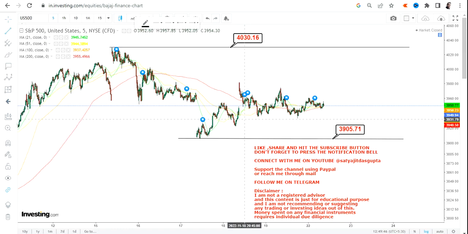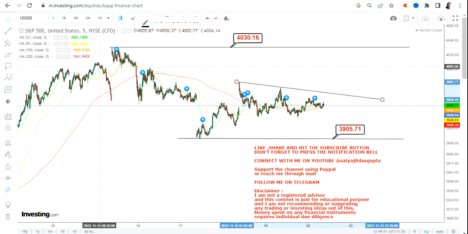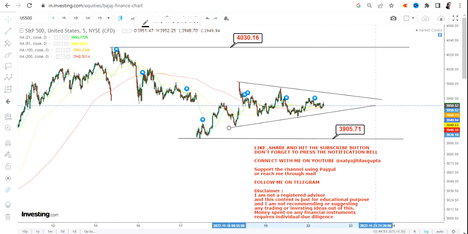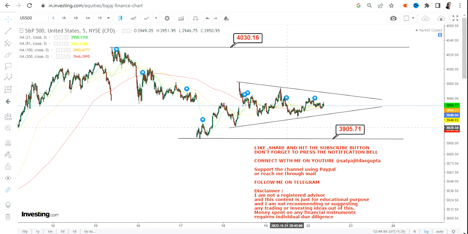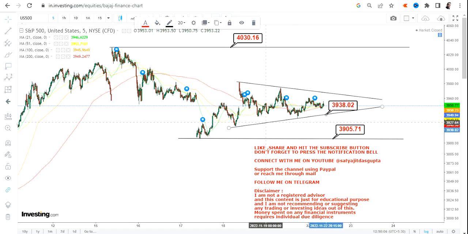Now looking at the current price structure right now, what we can see here is a pattern where the price is getting squeezed. Okay, and let me tell you, in a downside trend, this is not at all a good sign, because most of the time we have seen that the price will fall on the downside once it breaks the channel.